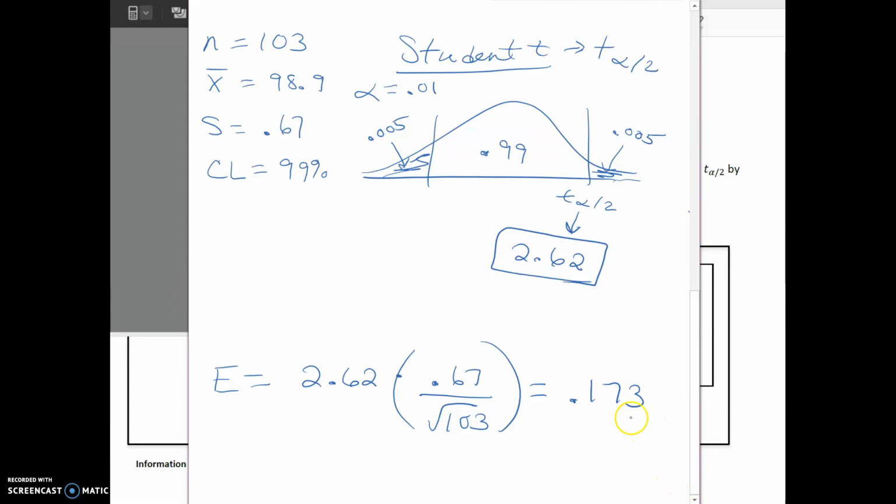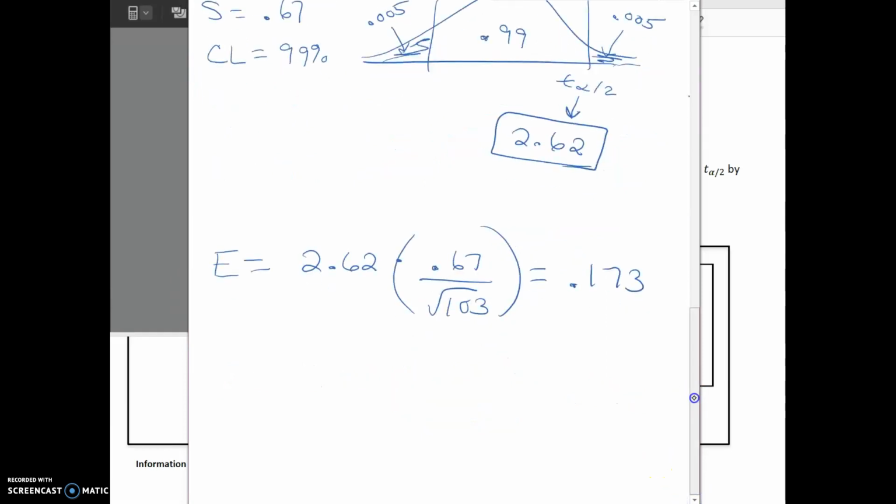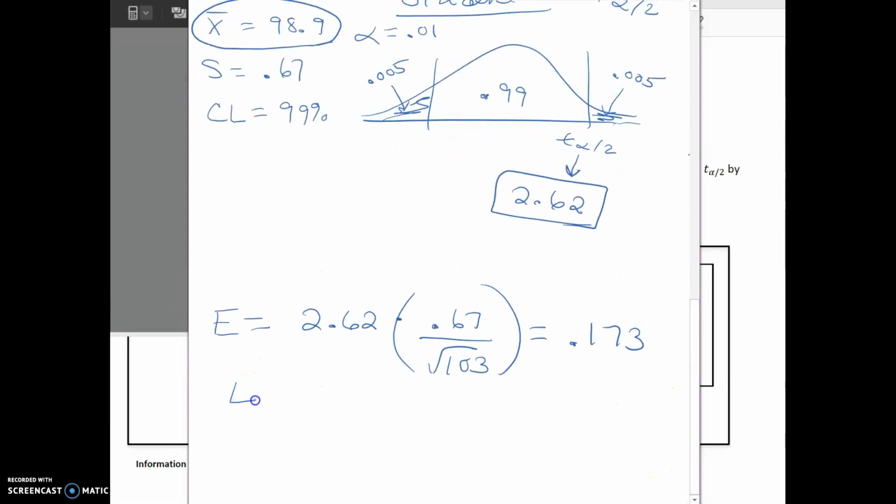So what I'm going to do is take my mean and subtract that and add that to get the lower bound and the upper bound. So my lower bound will be 98.9 minus 0.173, and my upper bound will be 98.9 plus 0.173.